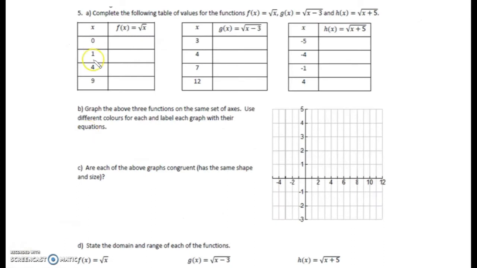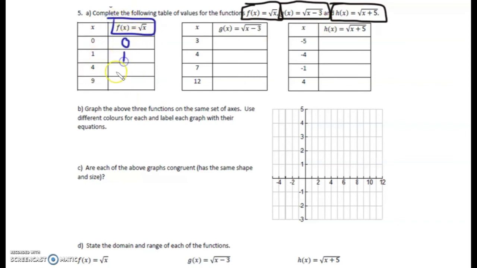Okay, complete the following table of values for our base function, root x, and then we're going to graph root x minus 3, then we're going to graph root x plus 5. So for the original, root x, we know our base points: 0, 0, 1, 1, 4, 2, 9, 3. Now, just pay attention to the x's because, again, I made these super pretty for this example.